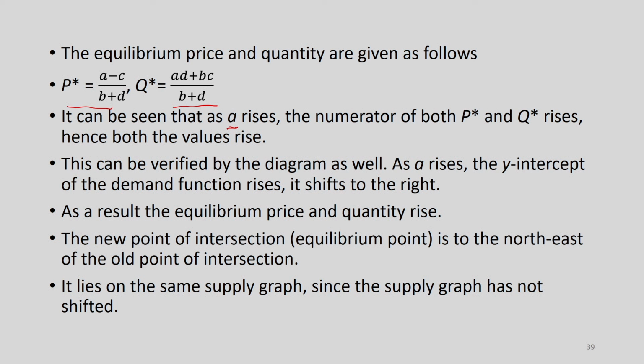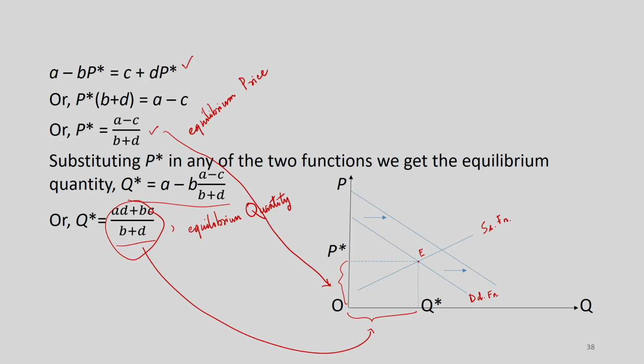So, both P star and Q star will go up as small a rises, and this can be verified by the diagram as well. As small a rises, the y intercept of the demand function rises, it shifts to the right. Let us see that. What was the demand function's equation?